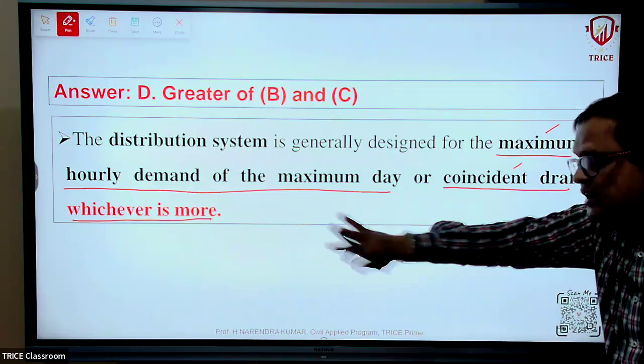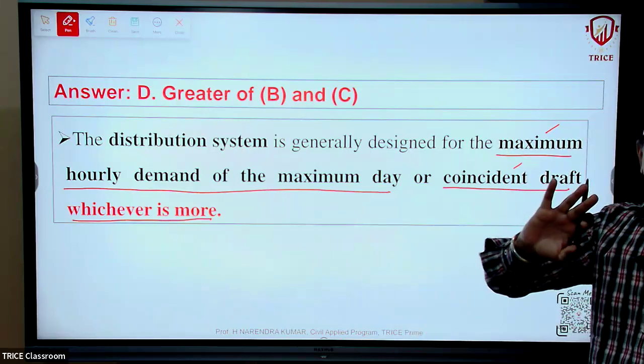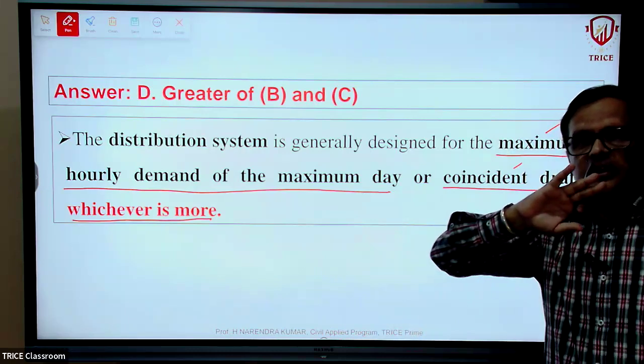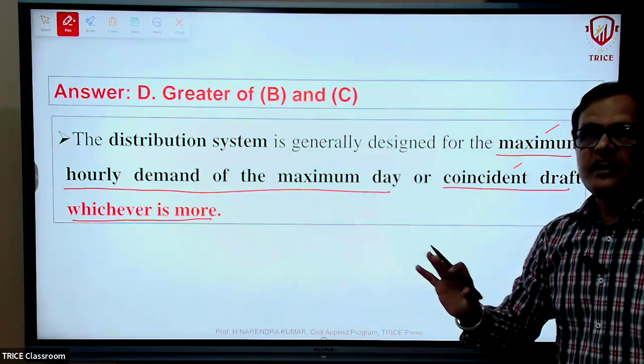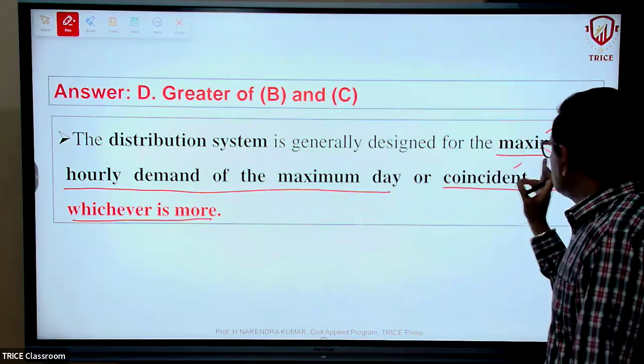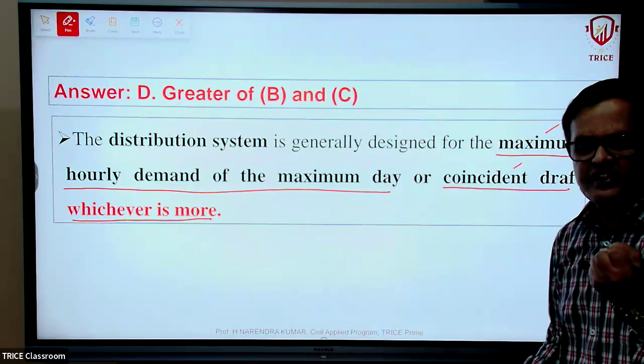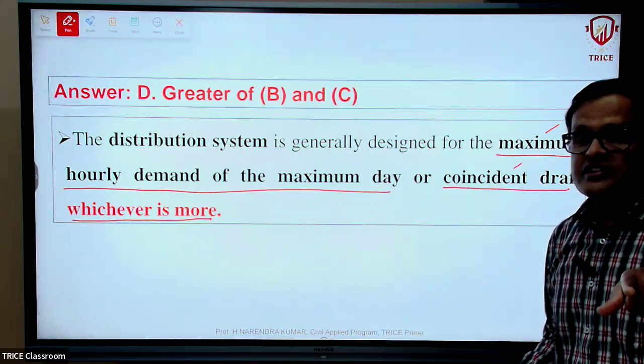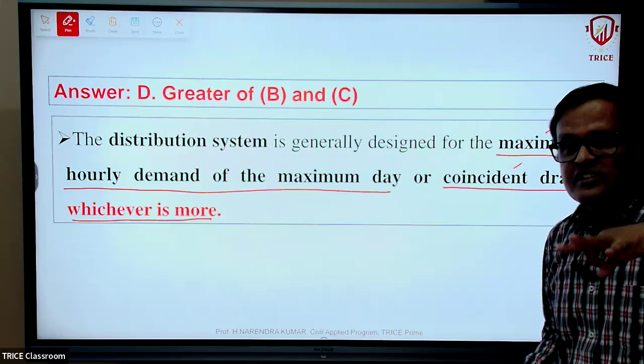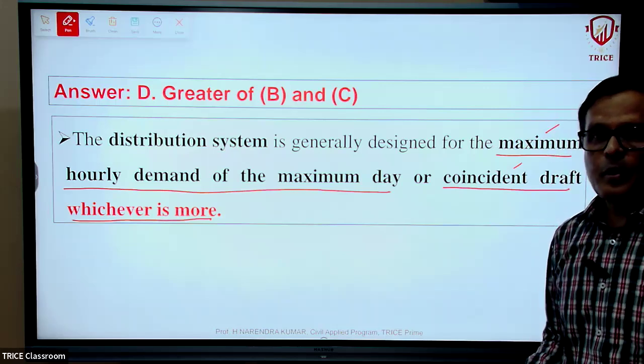Once again, that is the peak demand, beyond which the consumption will never increase. That is the peak demand, because it is the maximum hourly demand of the maximum day. Please understand this concept: maximum day consumption, and in that maximum day consumption, the maximum hourly demand.